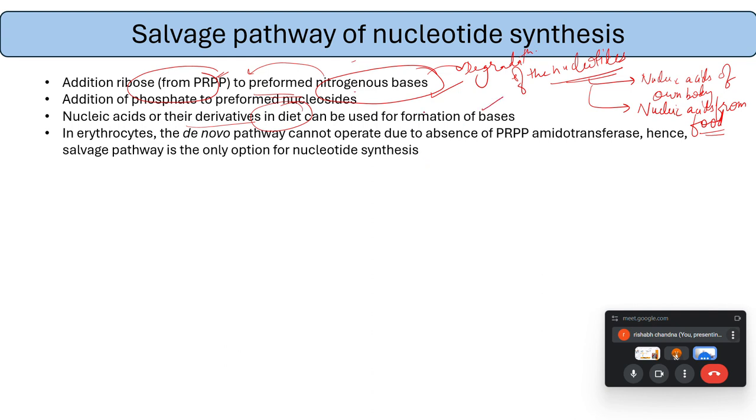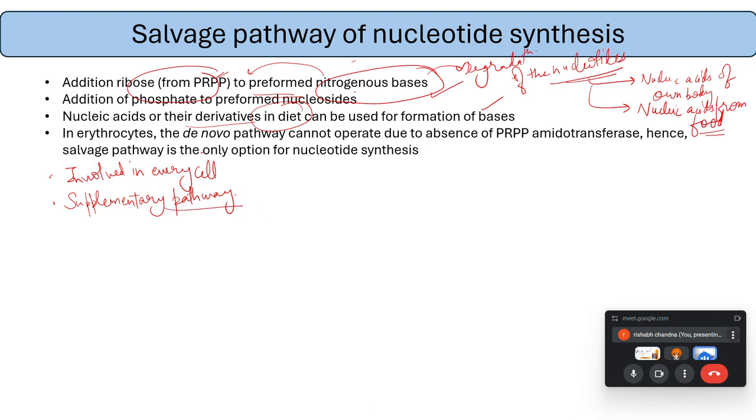This salvage pathway is involved in every cell, and it's a supplementary pathway of nucleotide synthesis. Why is it supplementary?